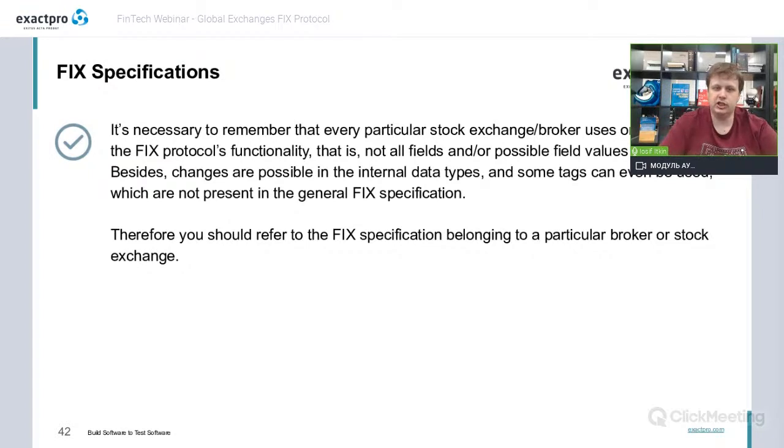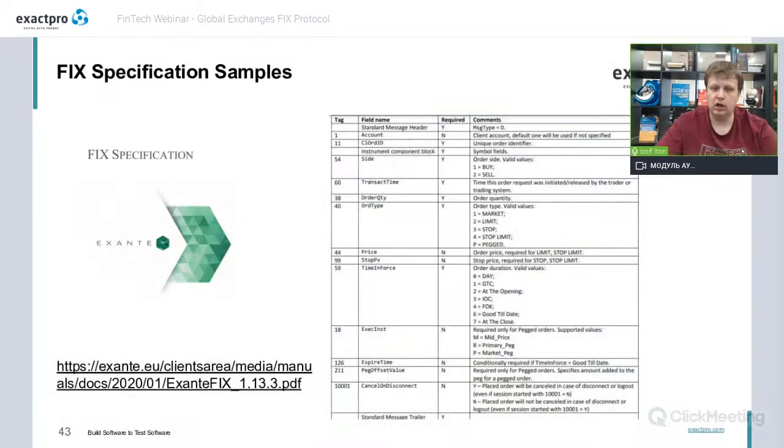Different exchanges may use additional tags that are not defined in the standard FIX protocol. Also, they may require some tags and may not require some other tags. That is why it is very important to look at the FIX specification belonging to a particular broker or stock exchange.